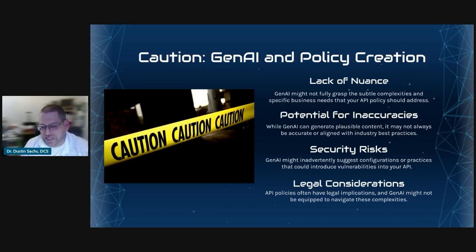And then finally, API policy: Gen AI is not going to have the scope of legal requirements and compliance requirements that apply to your organization. Therefore, it's not going to know what is and isn't legally allowed necessarily. So you might get a policy that has legal considerations that are problematic.